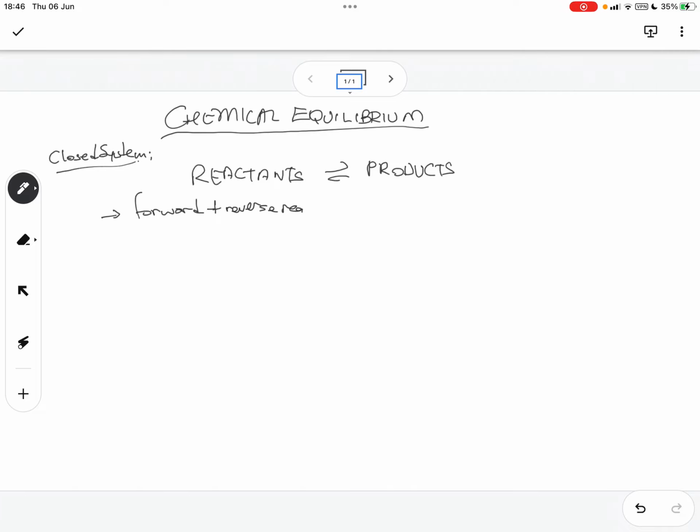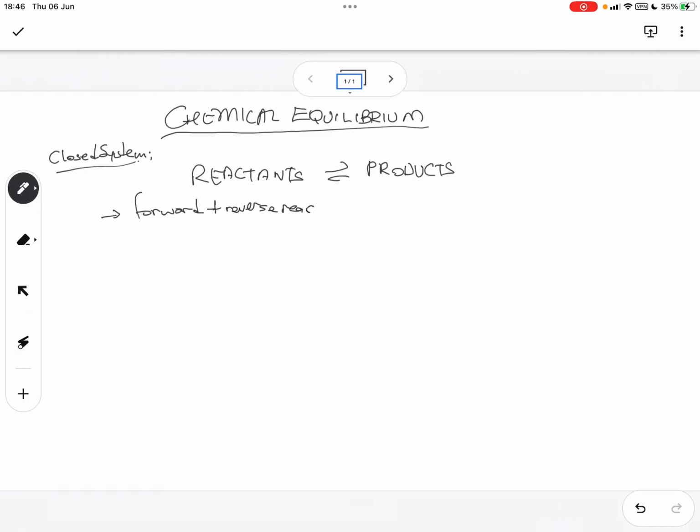So you'll see it. You are seeing this screen with chemical equilibrium, closed system, reactants, products. All right, so the first thing we should know about reversible reactions in a closed system. Reversible, the reaction can go in the forward direction and in the back direction, in the reverse direction.